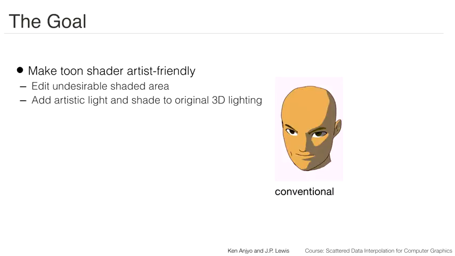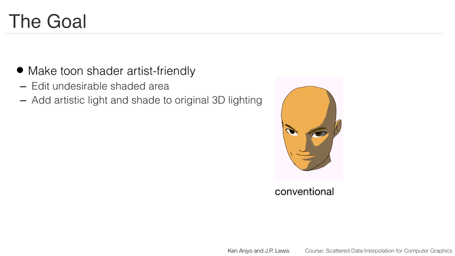So the goal is to make the toon shader artist-friendly overall, but more precisely, we want to make a tool for editing undesirable shaded areas to be much more beautiful and attractive, and also we want to add artistic light and shade to the original 3D lighting.